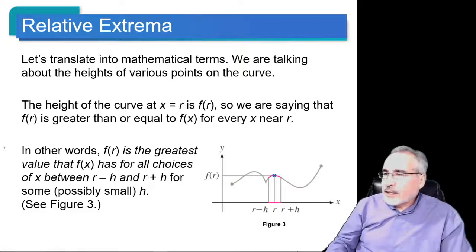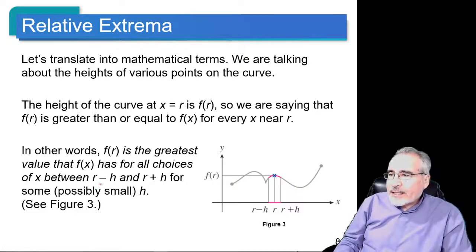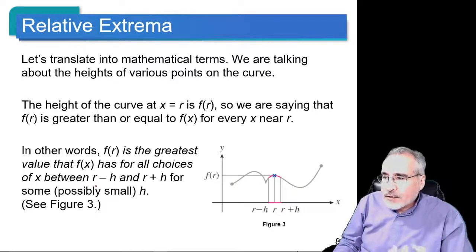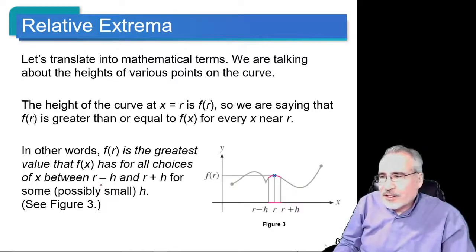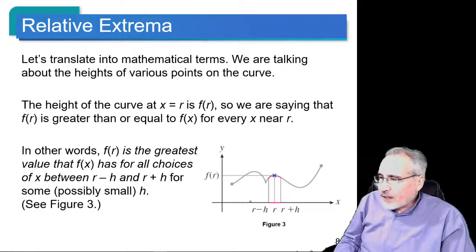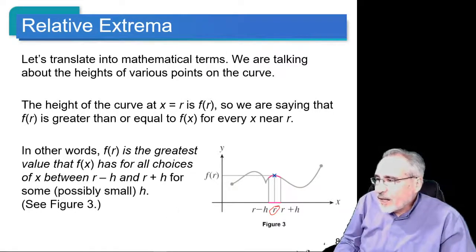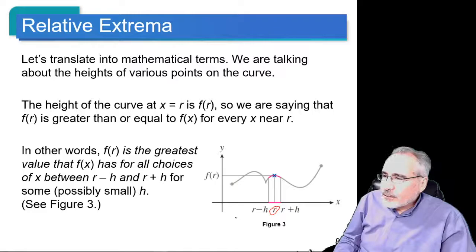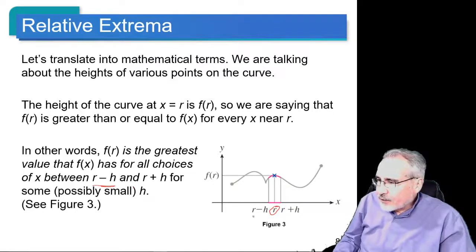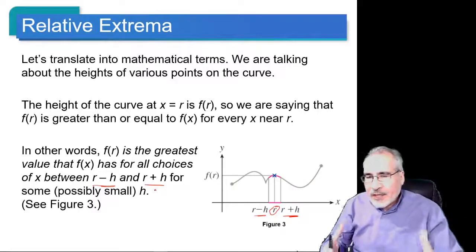Okay, so now we're going to get more detailed mathematically. This might remind you of the approach we were taking with limits, although fortunately we don't have to go too far into this. So we take an x value, r, and there's some number here, and if we go a little bit to the left, that's this one, right? A little bit to the left, a little bit to the right, and that h could be anything.